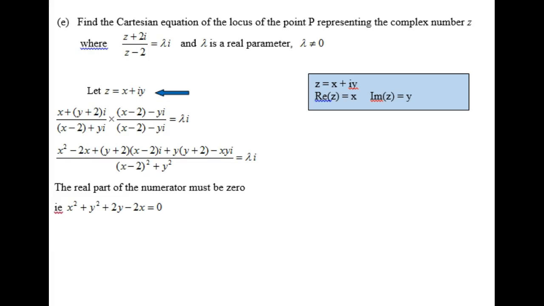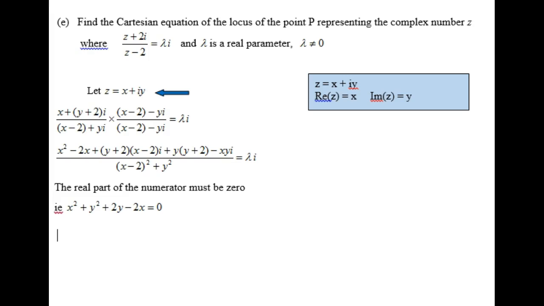Now, we want the real part of this complex expression, z plus 2i over z minus 2. The first step is to replace the z with x plus iy, and then start collecting terms and simplifying, expanding, all that sort of normal algebra stuff. We're trying to find the real part of our final term.